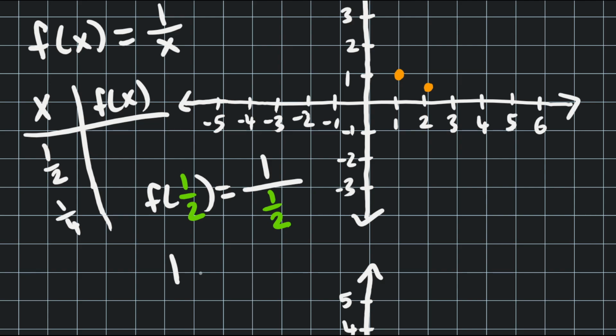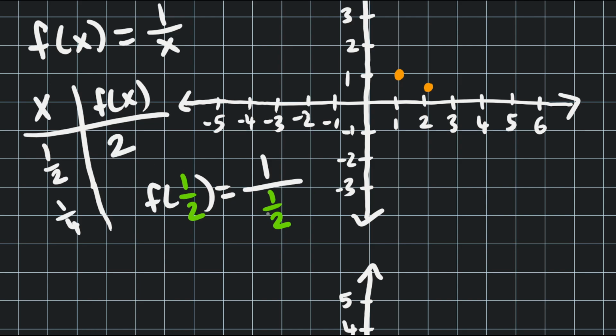This is 1 divided by 1 half. Remember, when you're dividing fractions, this is the same thing as 1 times the reciprocal of 1 half, which is 2 over 1. So 1 times 2 is 2. So 1 over 1 half is actually just 2. Therefore, f of 1 half is 2.